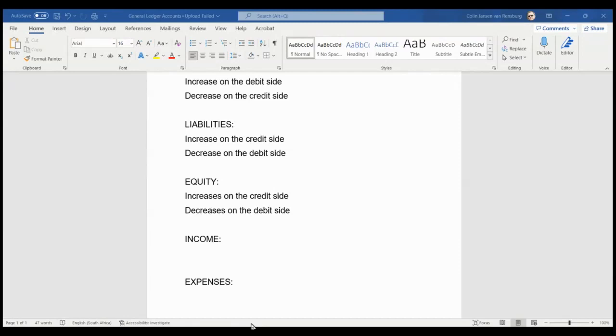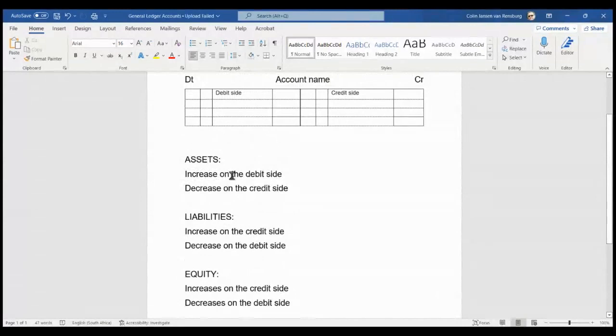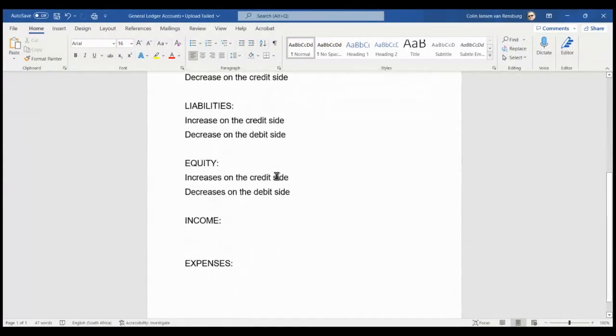You've received money and you've generated income through sales. Now, if you receive money and you deposit that money into the bank account, and the bank account being an asset, what do you have to do with that bank account? Remember, the bank account now is going to increase on which side? It's an asset, it increases on the debit side. So now for your entry to be able to balance, what must you do with your sales account?